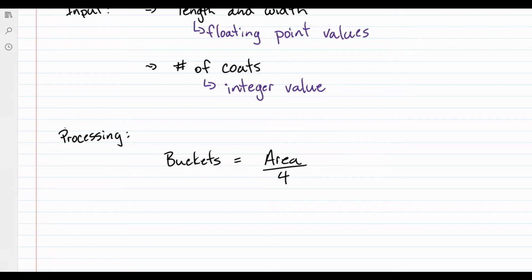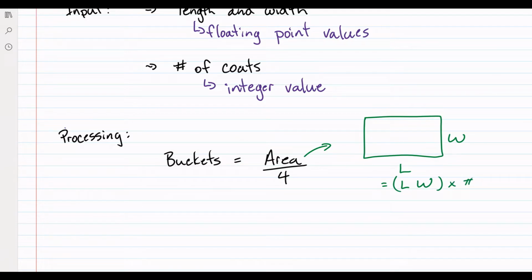I need to find the area, which is pretty straightforward because it's a rectangular wall. We have a length and a width, and there could be more than one coat, so the area would be the length times the width times the number of coats.